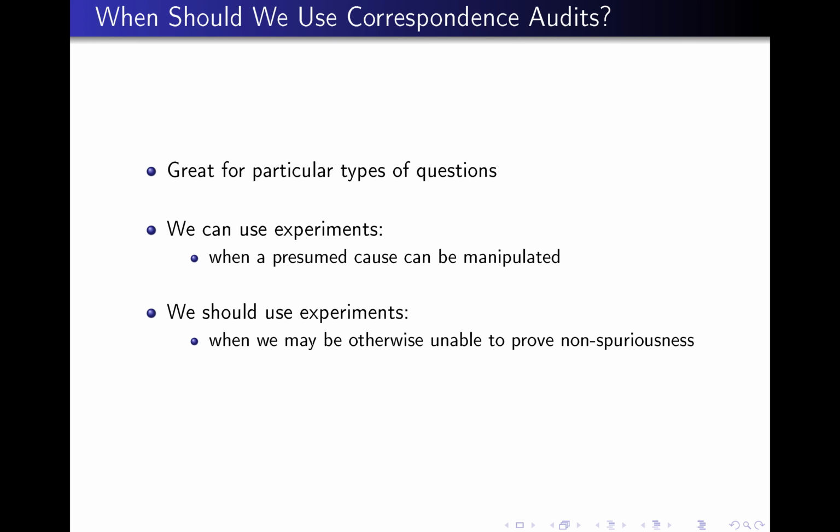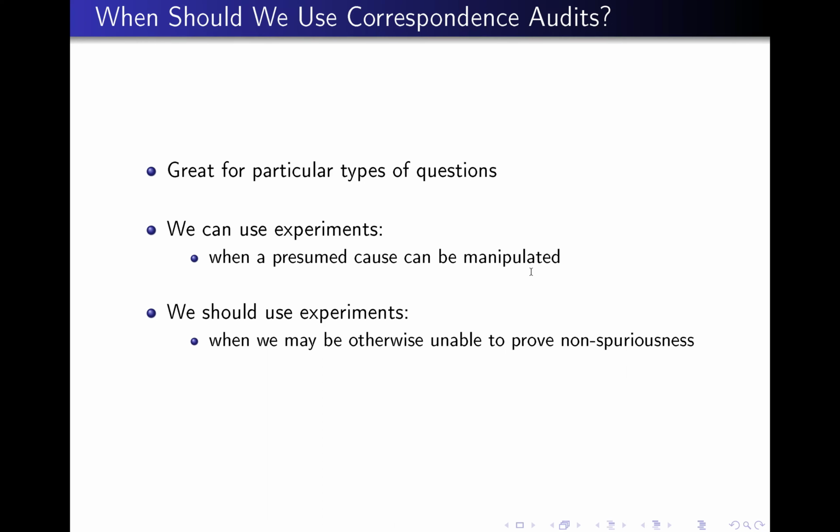If there's a debate in the research, I think it's a great example of using an experiment to try to get at this, and a correspondence audit if you can do so. So I think this is a good beginning guide to think about when you could do it and when it's really valuable to do it, and it is meeting both of these two criteria essentially.